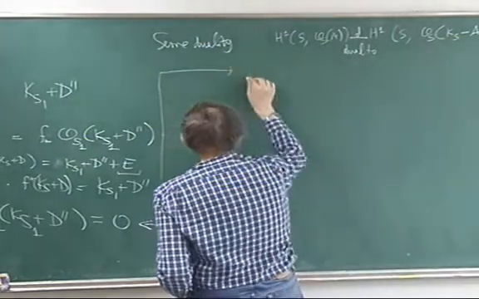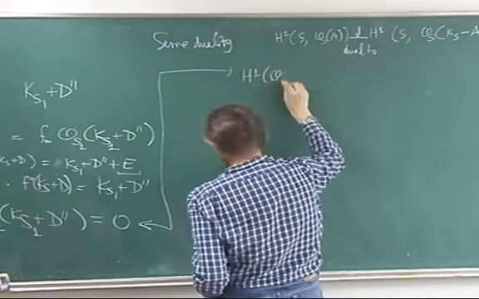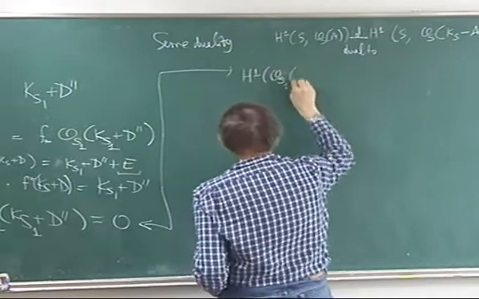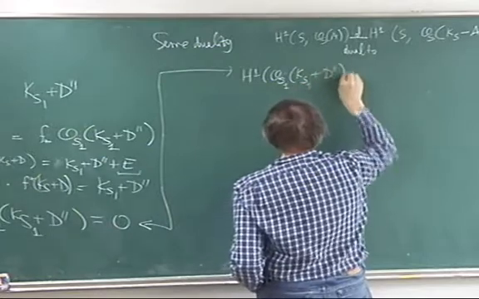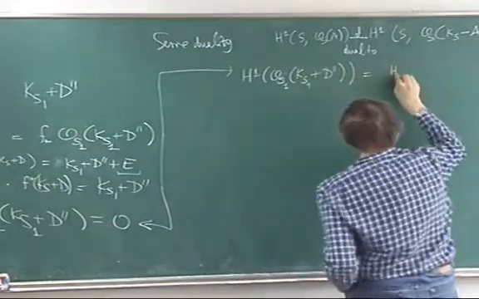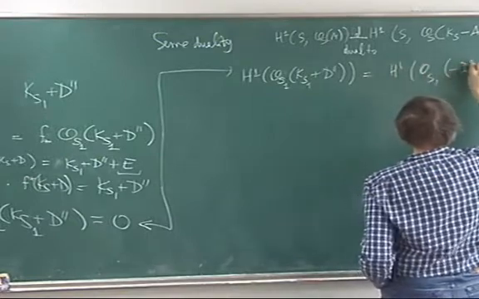Right? However, if I do this one, it's saying that H1, the guy I'm trying to kill, of OS1 of this Ks1 plus D double prime, is equal to H1 of OS1 of minus D double prime.